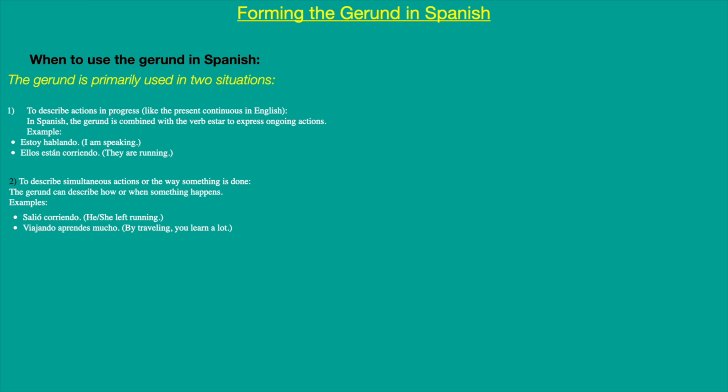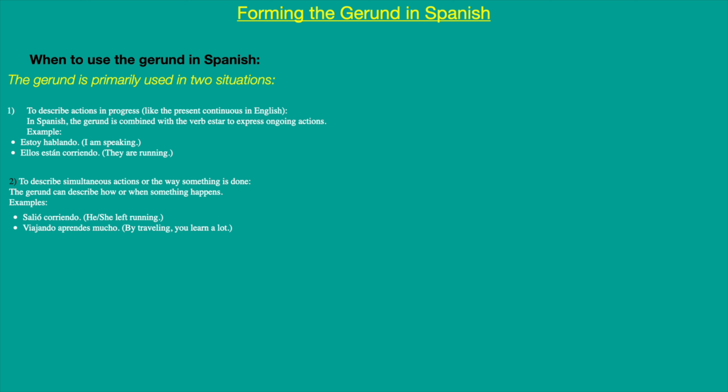And the second one is to describe a simultaneous action or the way that something is done. So the gerund can describe when something happened. Salió corriendo. That means it happened at the moment that he was running. Viajando aprende mucho. So by traveling, you learn a lot.